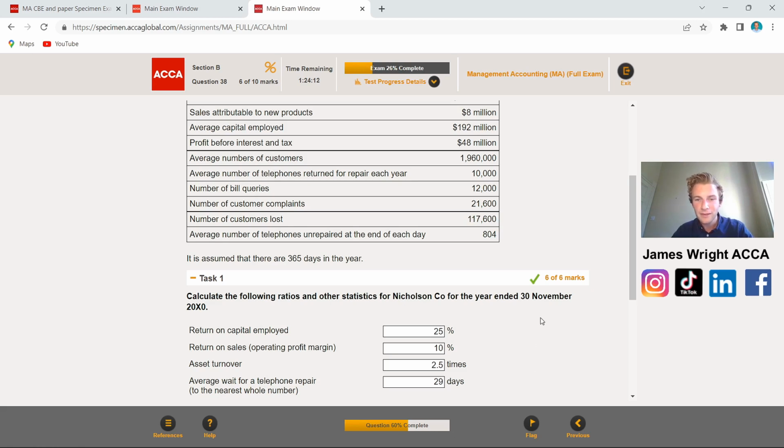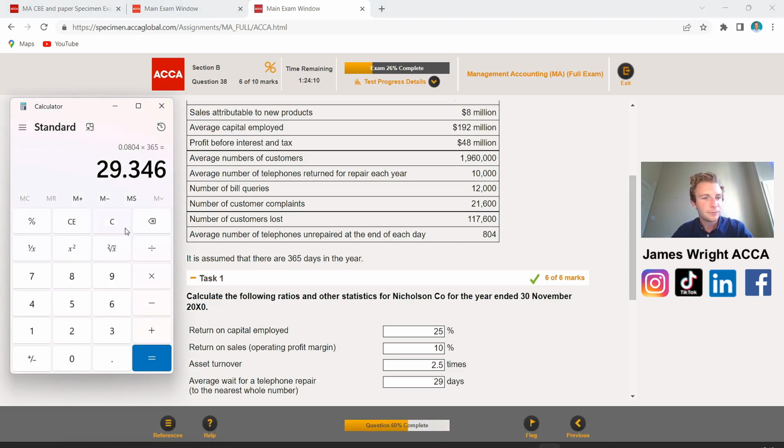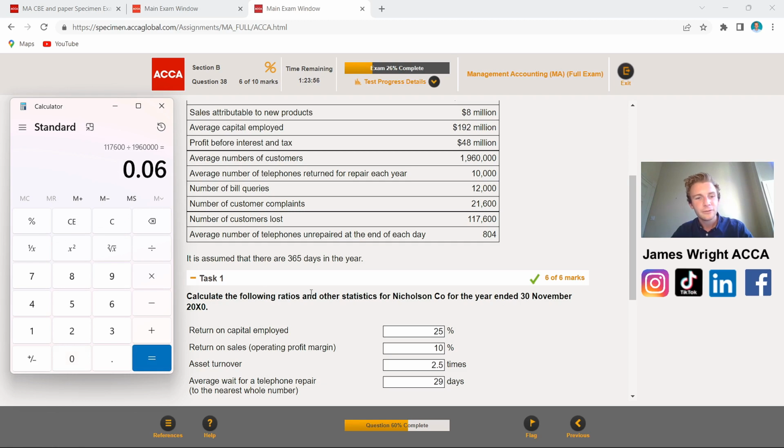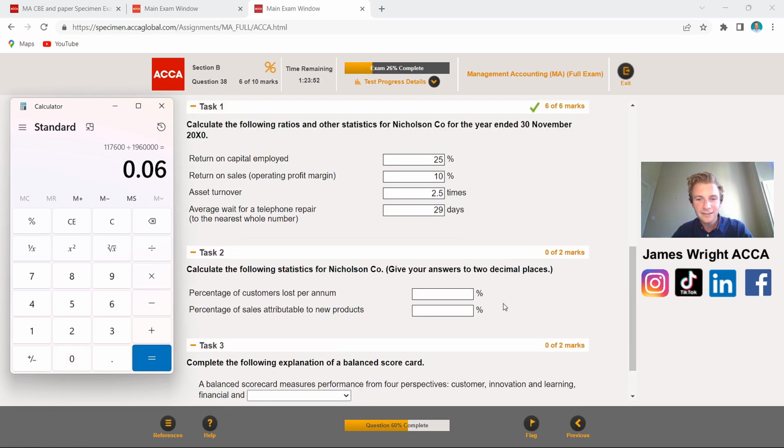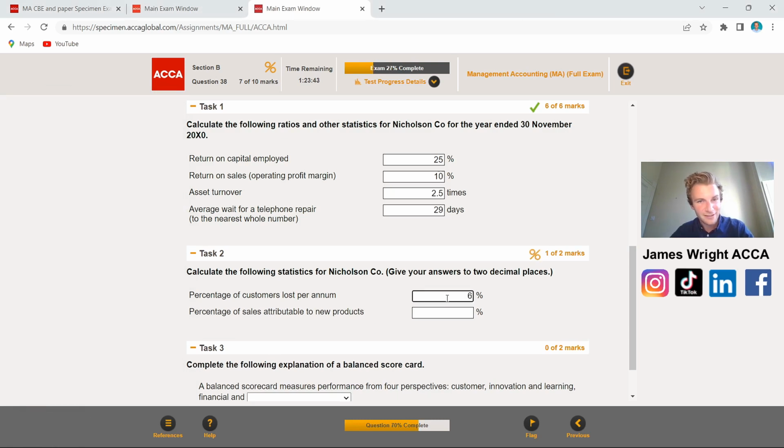So we'll just do the maths on there. 117,600 divided by 1.96 million, just be careful on your zeros, equals 0.06. Notice again, we're asked to 2 decimal places, but we need it as a whole percentage. So multiply by 100, nice and easy for the first one: 6%.